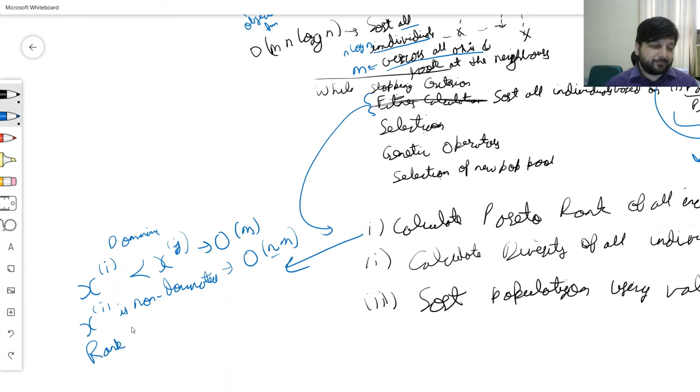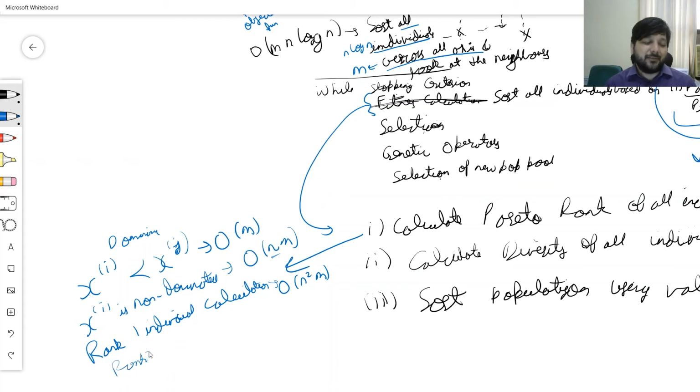This is the rank 1 individual calculation, to find out for one xi. I need to calculate this for all xi's possible. So nm is to calculate whether one individual dominates, and I need to check for n individuals which of the n individuals dominate. So it's O of n square m.